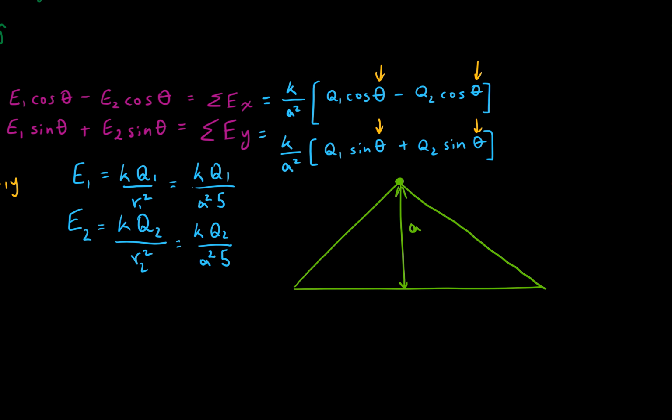Where this point at the top is our point A, and this length is 2A, this length is also 2A, and this length is A times the square root of 5. That length is A times the square root of 5, hence isosceles triangle. These are two 90-degree angles. That is theta, and that is theta.